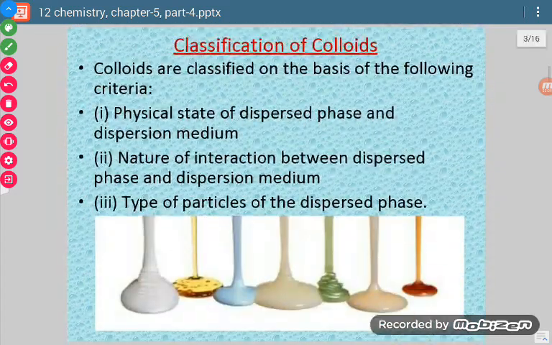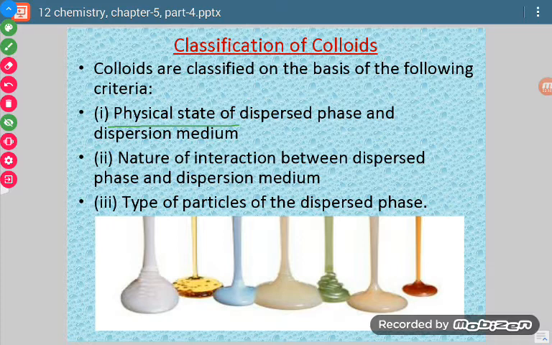Okay, now how can we classify? Colloids can be classified in three ways. First way is when we see the physical state of both the components, the dispersed phase and the dispersion medium, in which state they are. On the basis of that, we can divide the colloids into different categories.